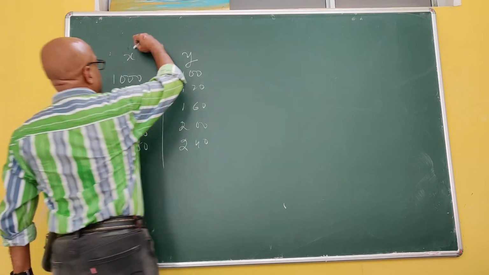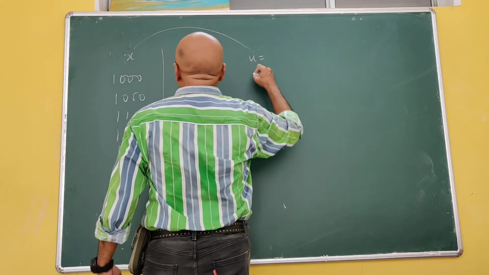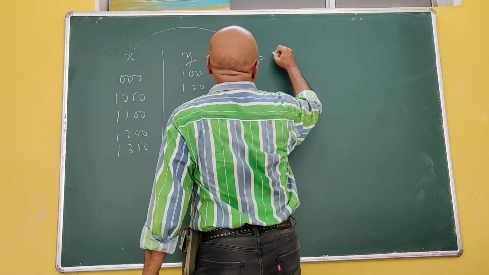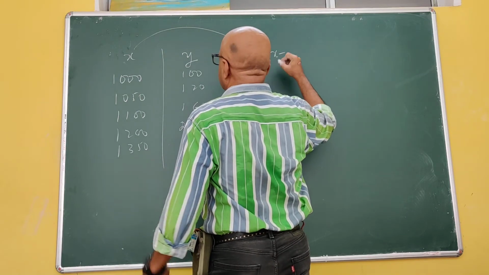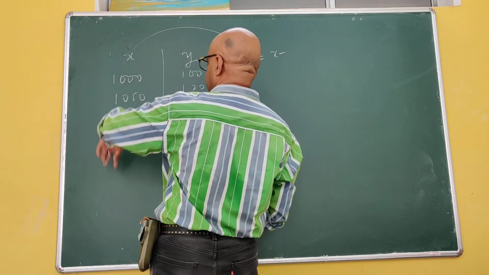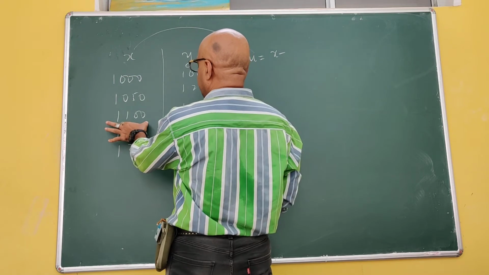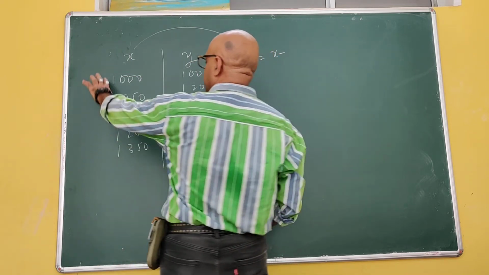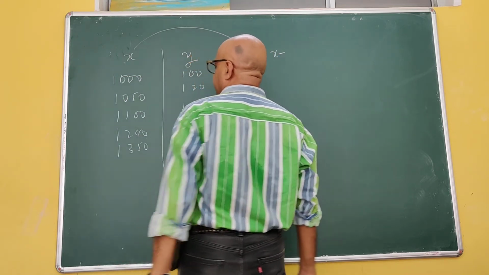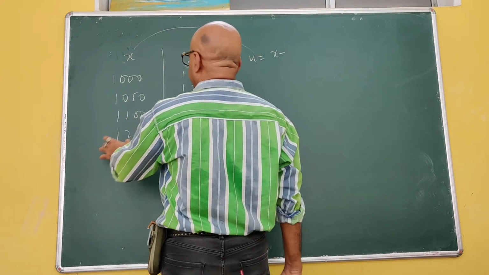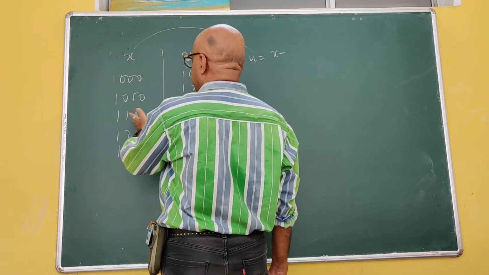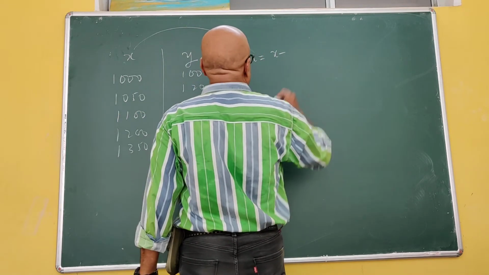But what I can do is write some other variable. U is equal to, say, x minus some value in the middle somewhere. 1000 is the smallest and 1350 the biggest, so 1100 or 1150 is okay.